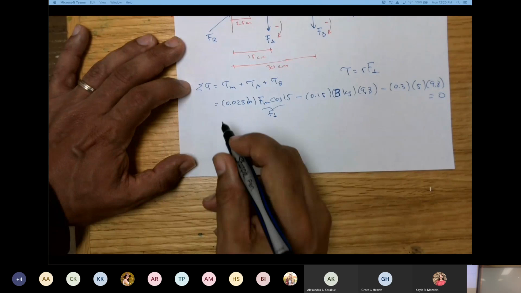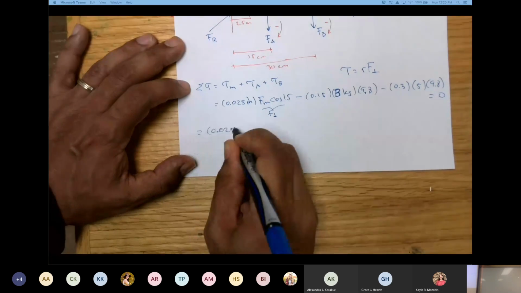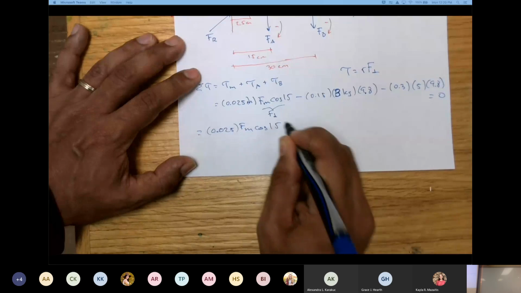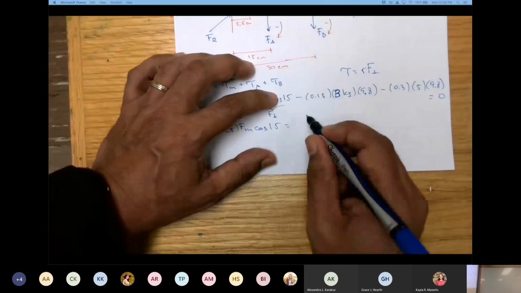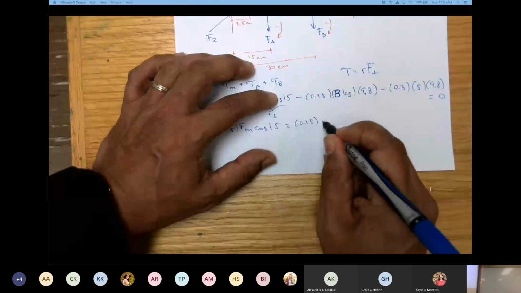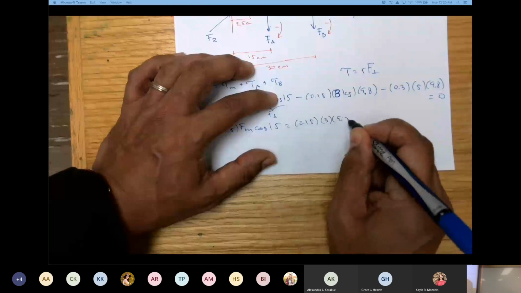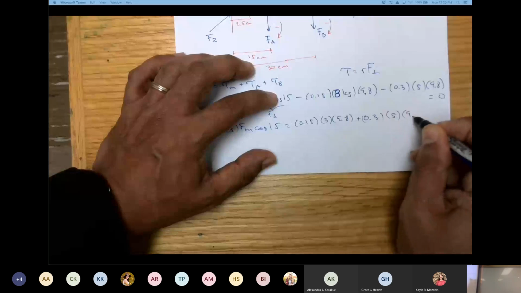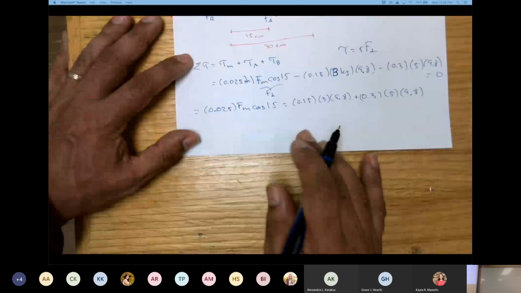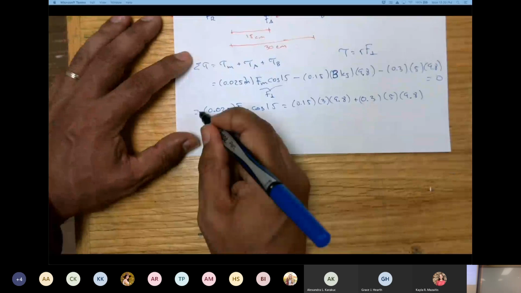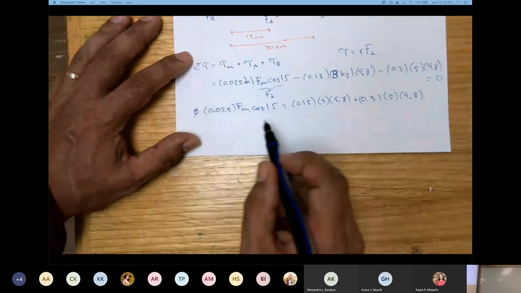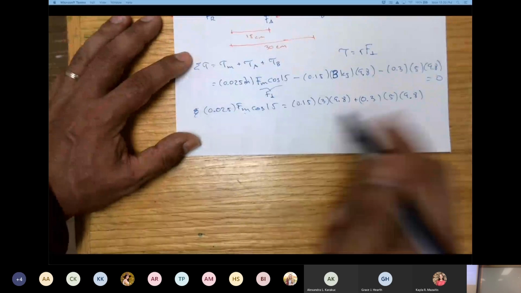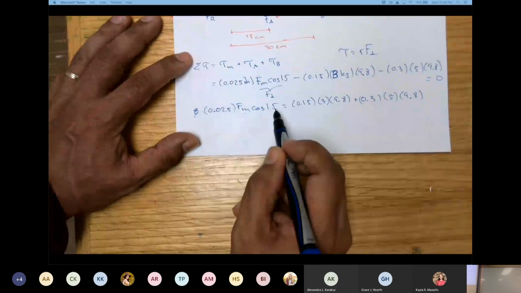So here I'll have 0.025 times the force times cosine of 15, and on the other side, we're going to have 0.115 times 3 times 9.8 plus 0.3 times 5 times 9.8. And then to solve for the force, I'm just going to divide everything by 0.025 times cosine of 15.